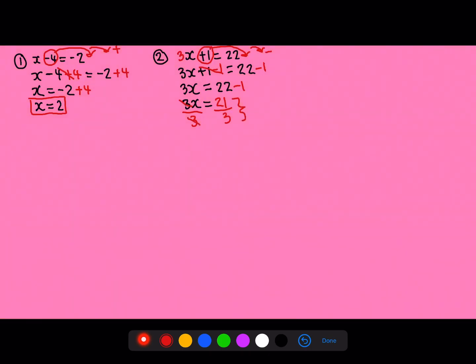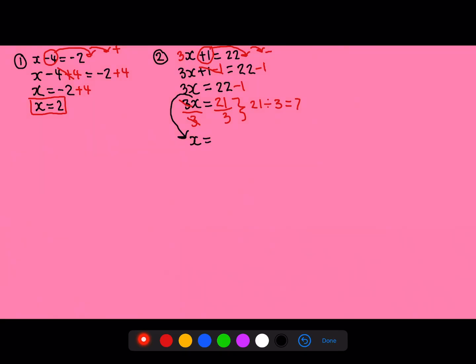So now we would cross out 3 and 3, which means 3 divided by 3, and now we have to solve 21 divided by 3, or 21 over 3, and the answer would be 7.